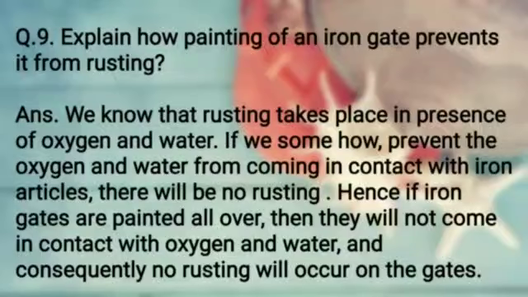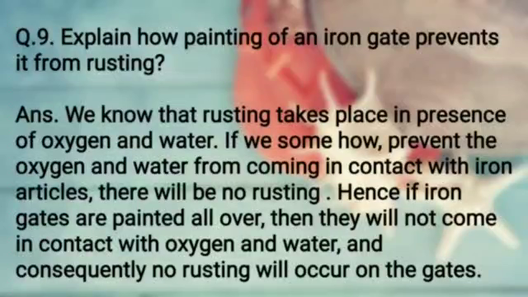If we somehow prevent the oxygen and water from coming in contact with iron articles, there will be no rusting. Hence if iron gates are painted all over, then they will not come in contact with oxygen and water. So rusting will not occur on the gates.